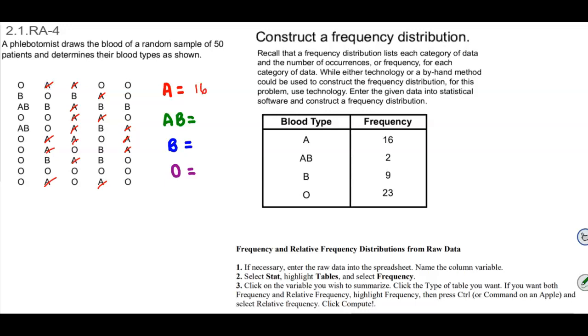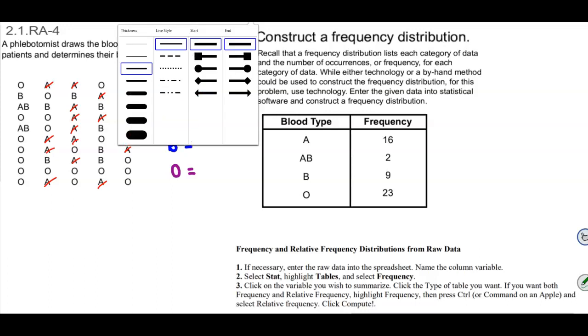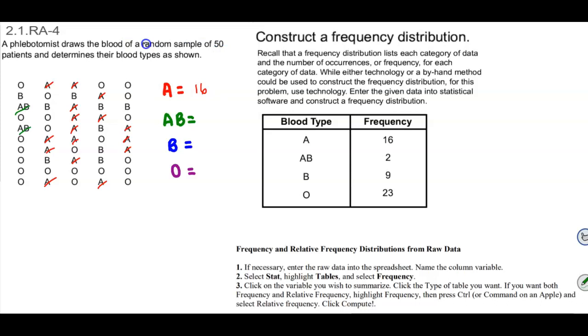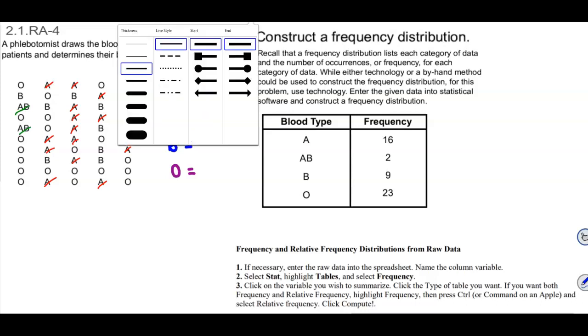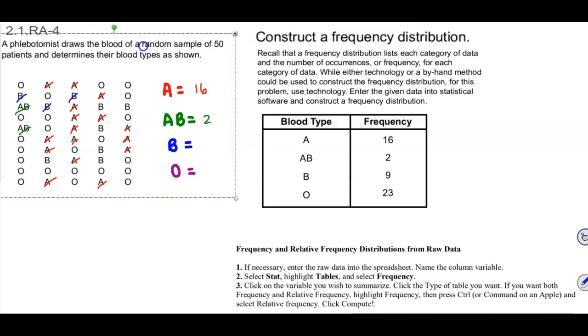Okay, and then for AB, we're going to count 1 and then 2, so there's 2. And then for blood type B, we have 1, 2, 3, 4, 5, 6, 7, 8, 9.